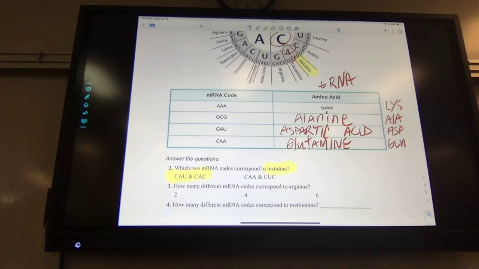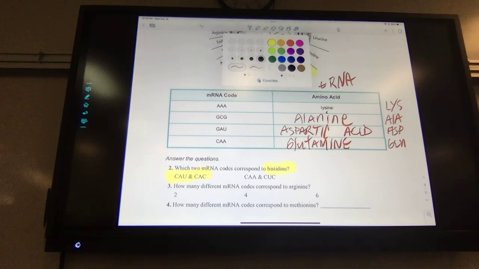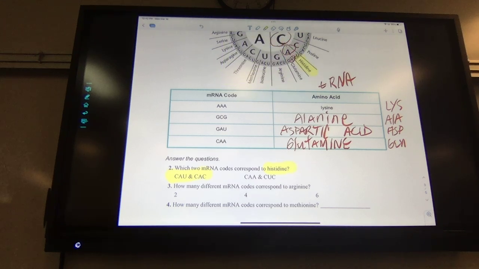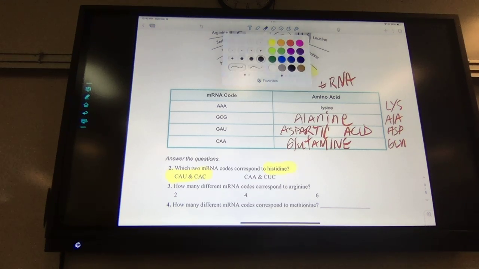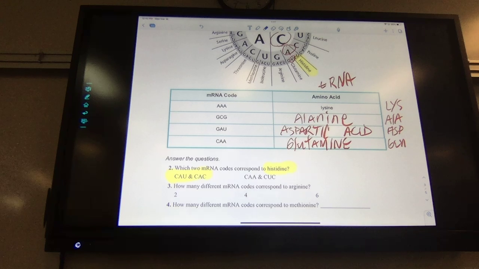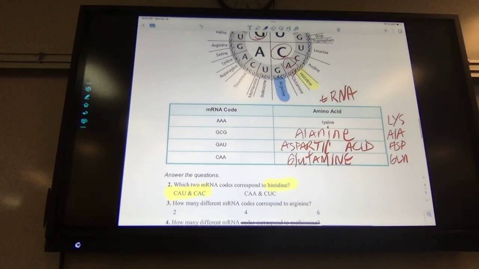Somebody called out 4 for question 3. How many different messenger RNA codes correspond to arginine? So I'll highlight that one different color. Arginine is right there and over here.